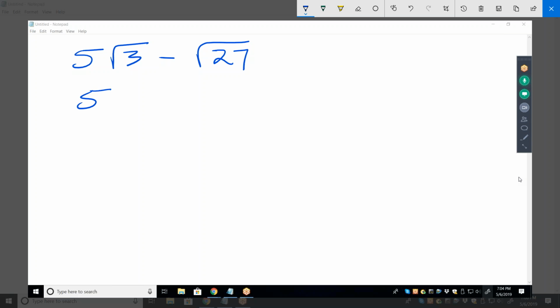So what's root 27? That would be 9 and 3. So that would be 3 root 3. And what's that equal to? That would be 2 root 3. Good? Yep.